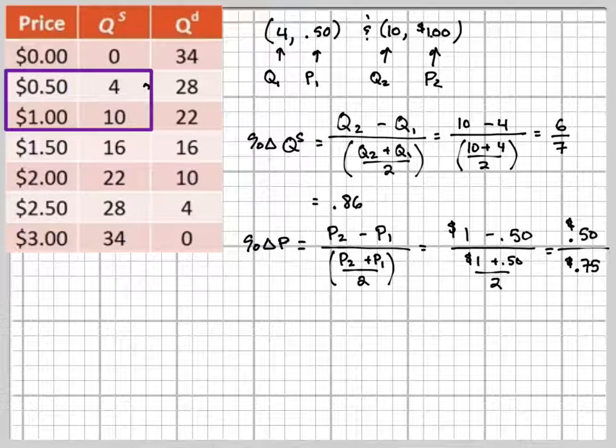So that is 2/3, or 0.66, or rounding up, 0.67.